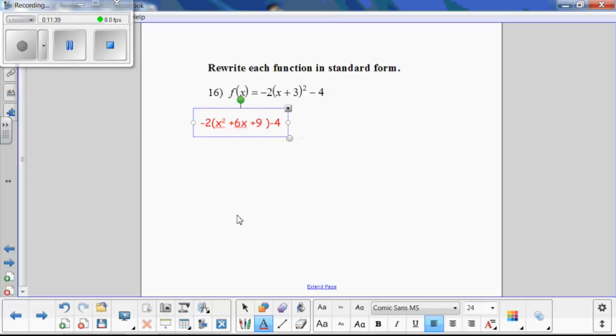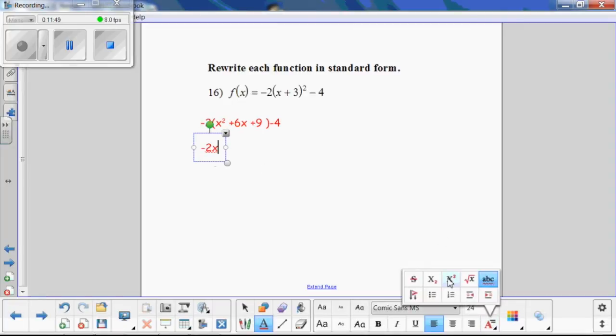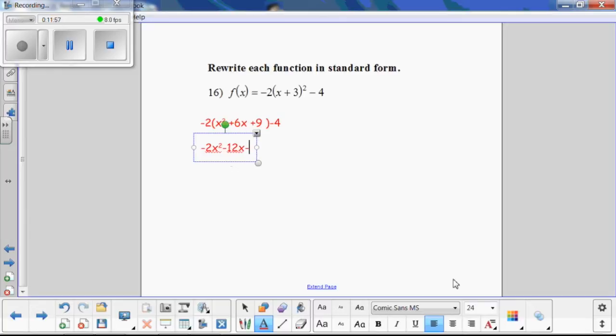So I have this. Then I would have distributed my -2. So I get -2x² - 12x - 18, and I still have that -4 on the end.